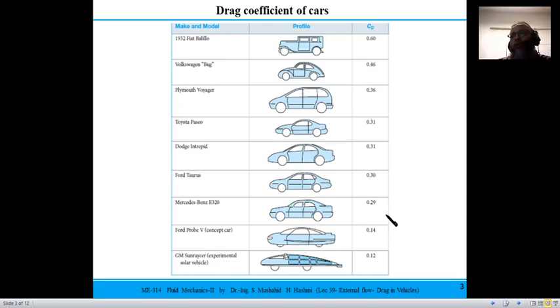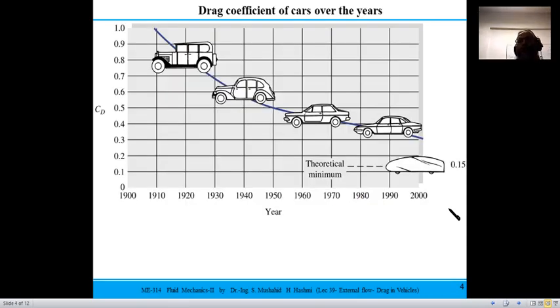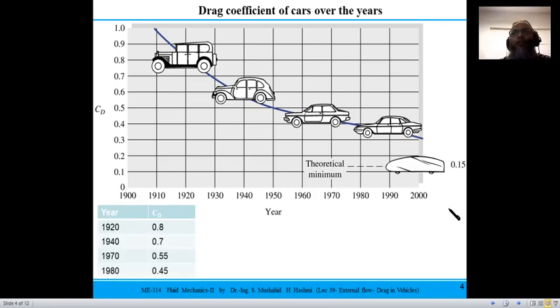So this is how historically the drag coefficient in different vehicles has been improved, and we can see this picture over the years. So in the 20s it was 0.8, in the 40s 0.7, in the 70s it was 0.5, in the 80s 0.45, and nowadays it is on the order of 0.3.